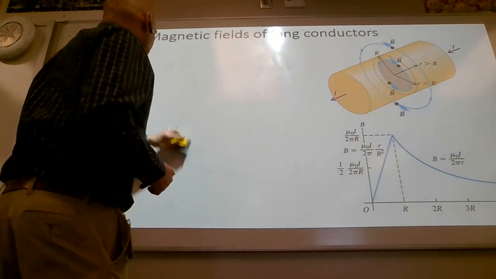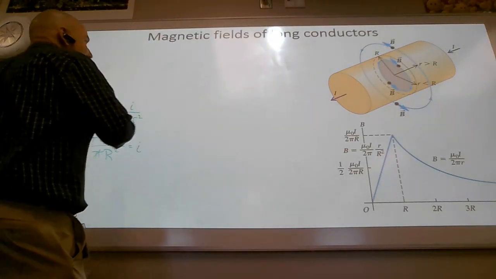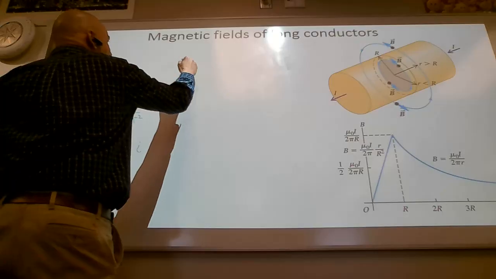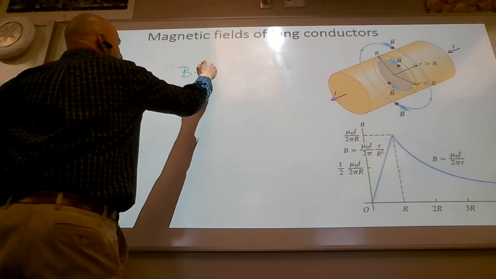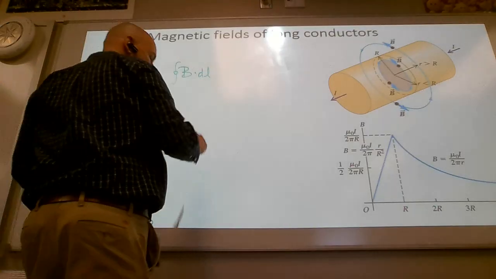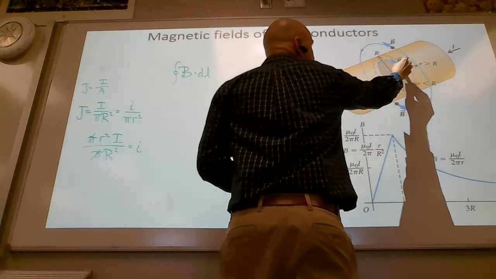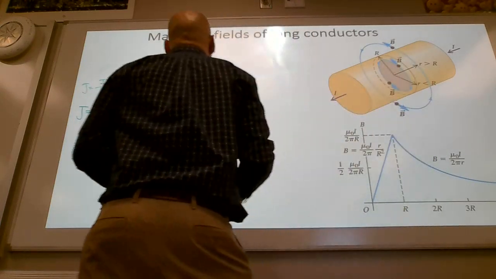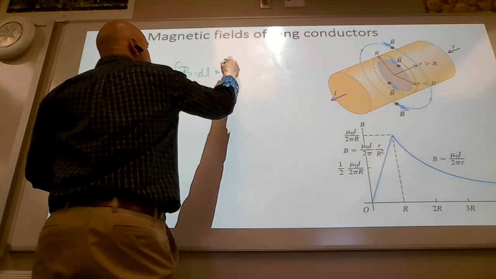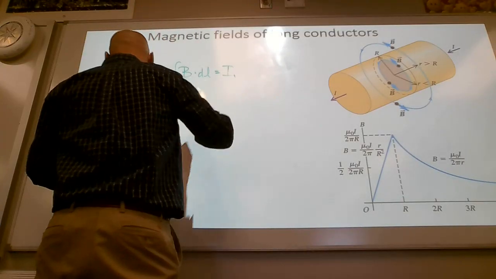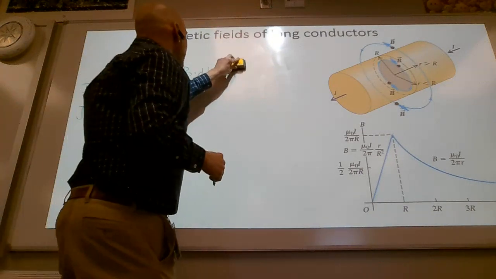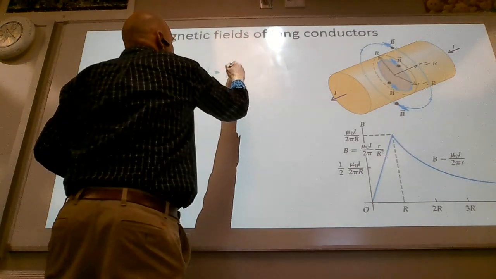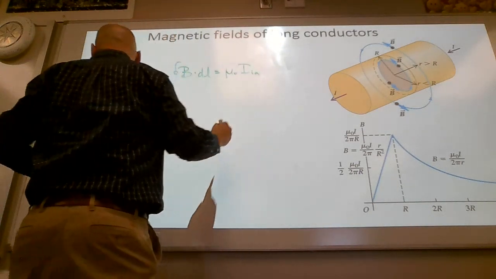So what we've got on the inside, our Amperian loop is going to be this one here. And we want to know the charge enclosed.